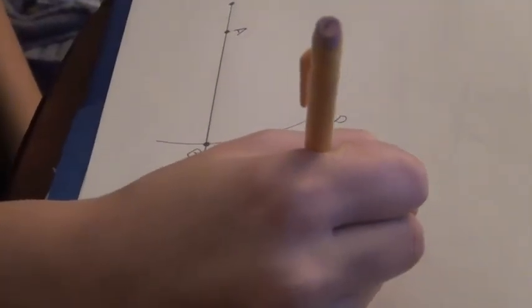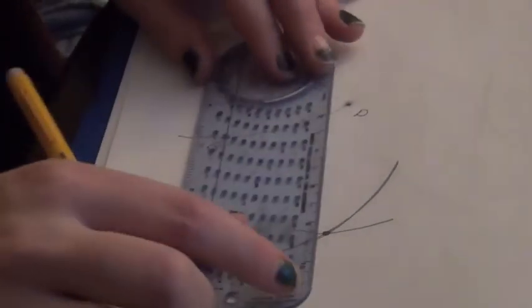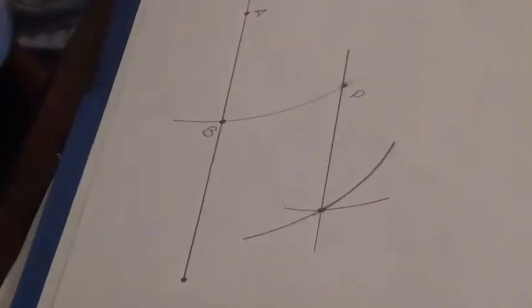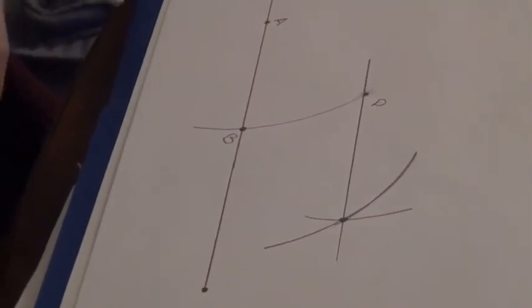Draw a point where they intersect. Line up your straight edge with the 2 points and draw a line. This will be your parallel line.